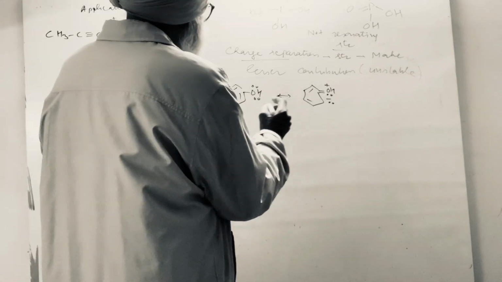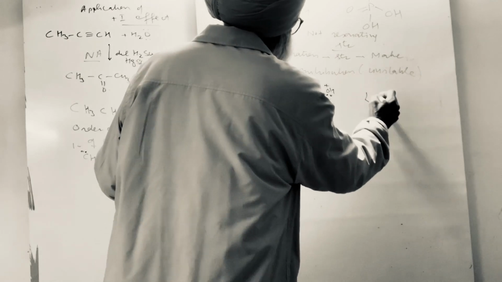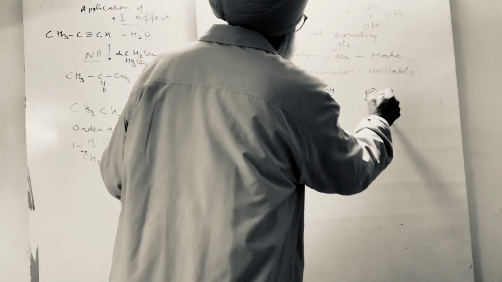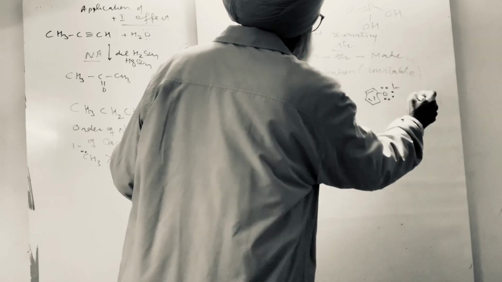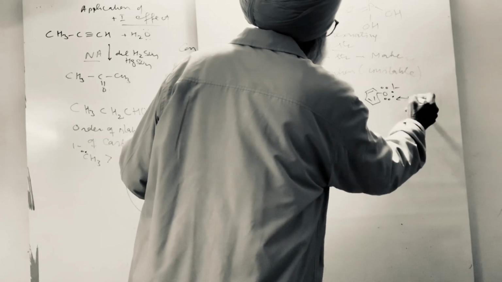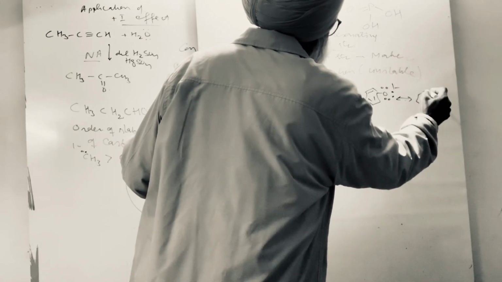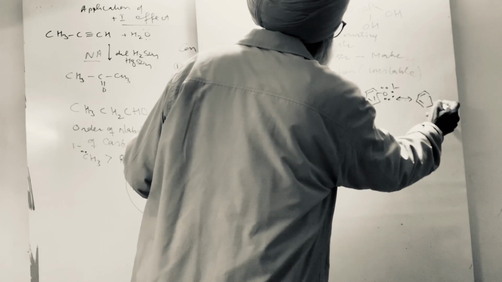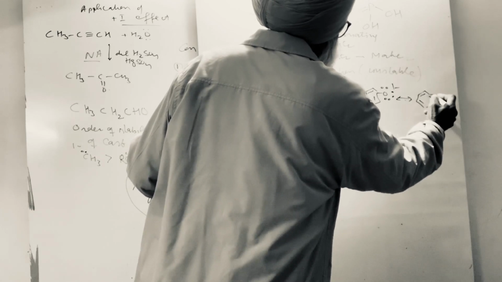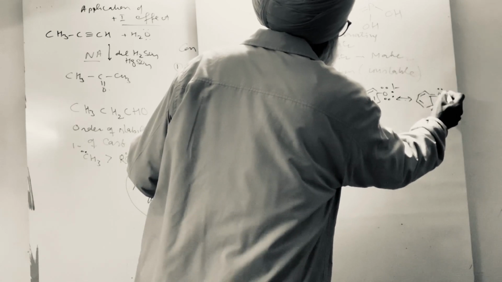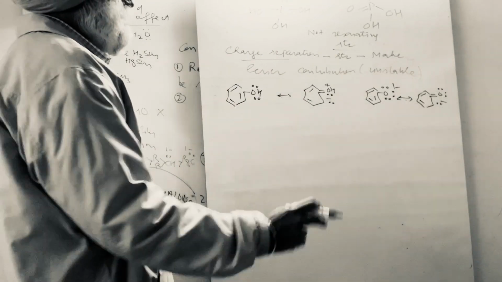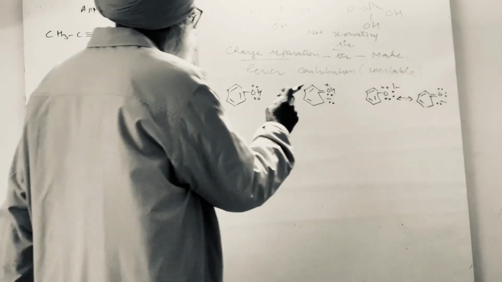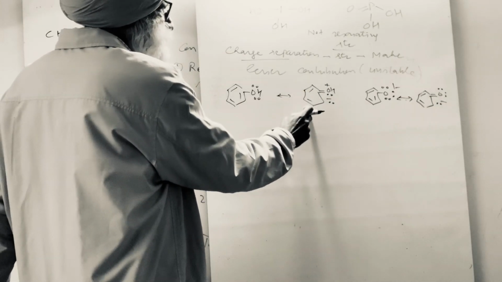But if you see the structure of this phenate ion, this is contributing. So this structure is more stable as compared to this, because in the other case there is charge separation.